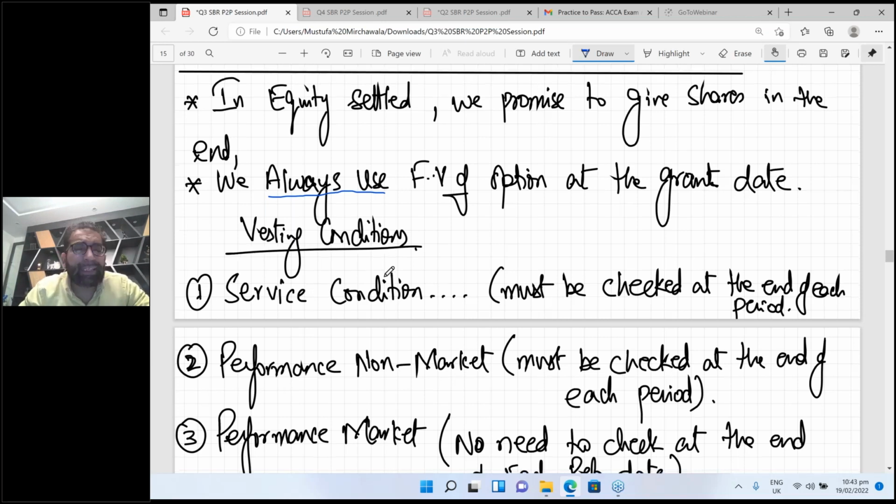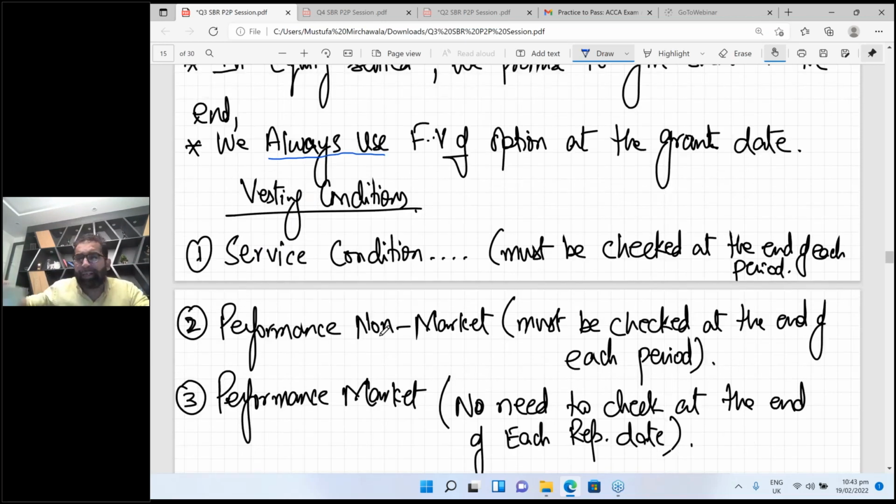The second is performance non-market conditions. A performance non-market condition means a performance target other than share price, not linked to share price. For example, I have told my employees to increase sales from this to this, EPS from this to this, staff turnover, inventory turnover.